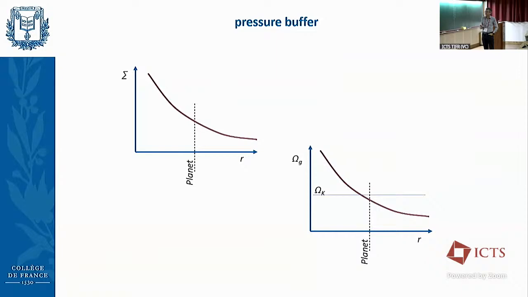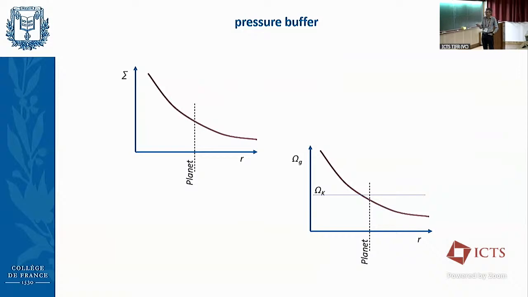So if you have a disk with a given density as a function of R, here this is the location of the planet. The same disk has a given rotation curve. So this is the rotation frequency of the disk as a function of distance. And at the location of the planet, the Keplerian frequency is this one, because the disk is sub-Keplerian.